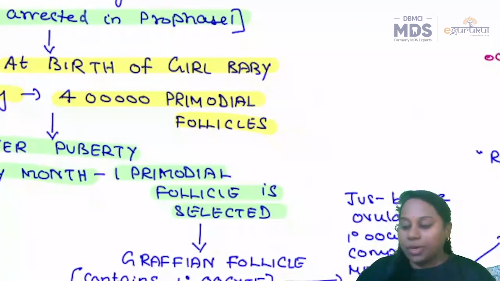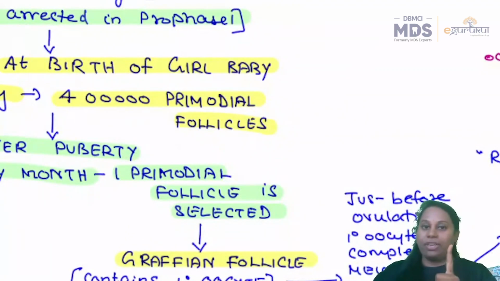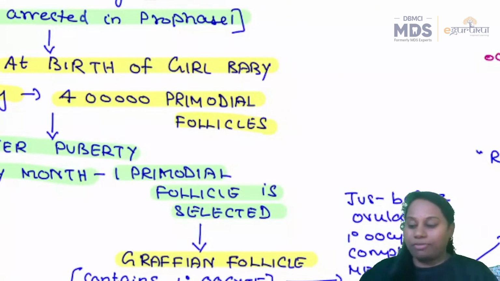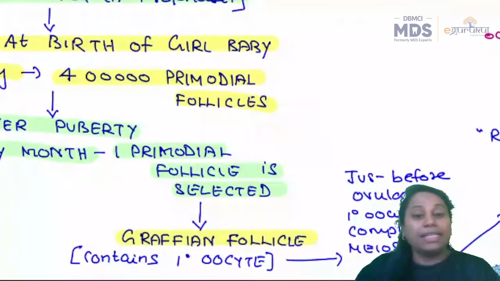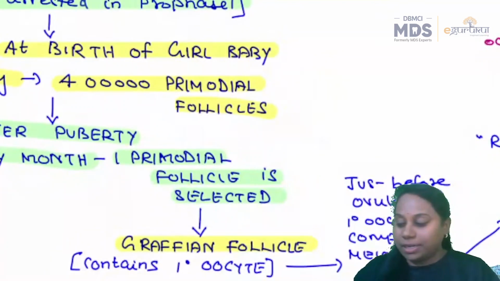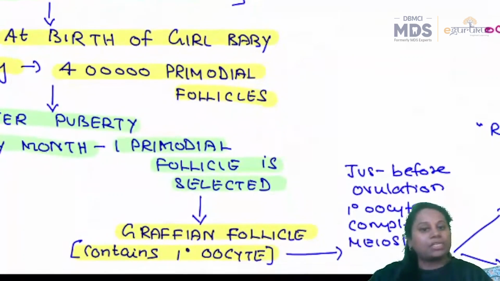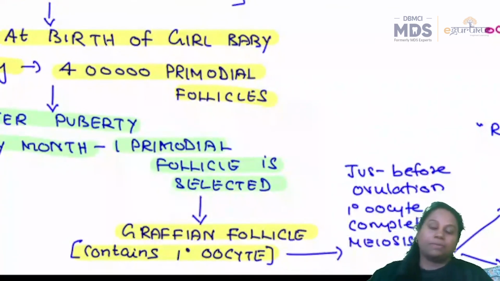It is converted into a Graafian follicle. And inside this Graafian follicle, it contains the primary oocyte. So the primary oocyte is present inside the Graafian follicle.